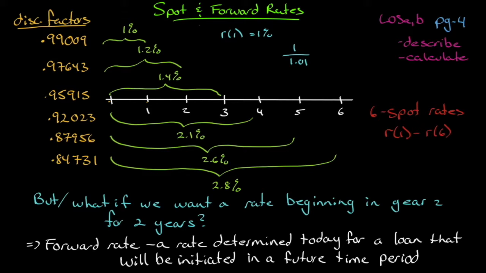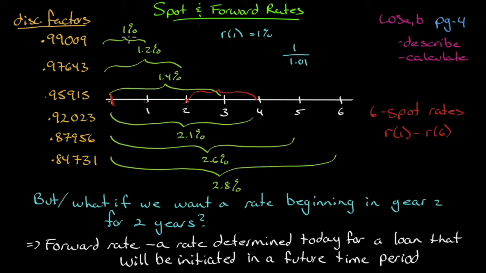Great. But here's a question. What if we want a rate beginning in year 2 for 2 years? So in other words, I want a rate that starts here, and I want this rate. Well, I have from time 0 to 1, from time 0 to 2, 0 to 3, 0 to 4, I have everything. And that's the idea behind spot: spot means today. Well, what is this rate going to be?